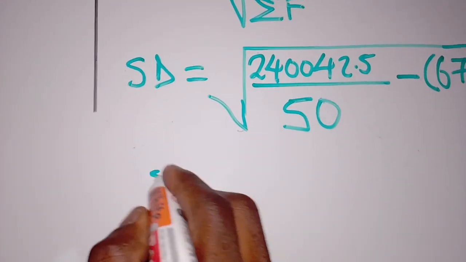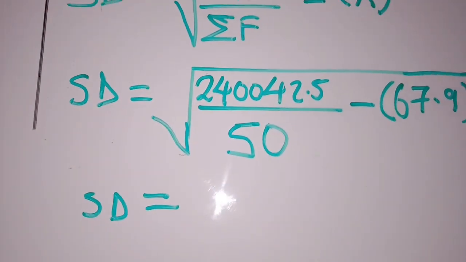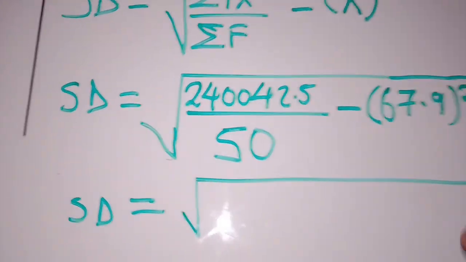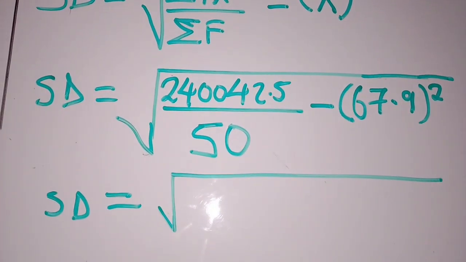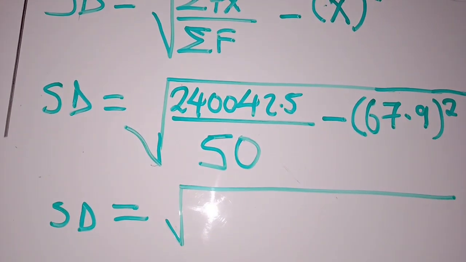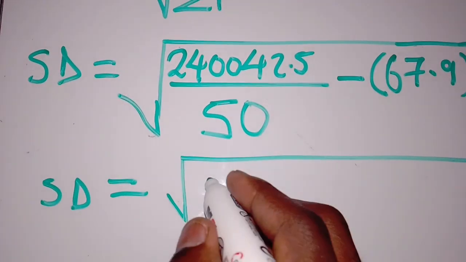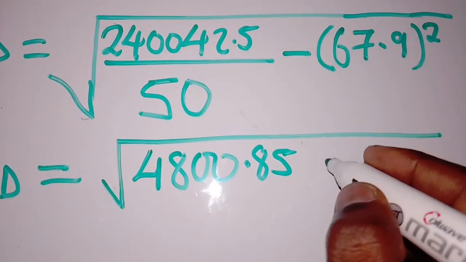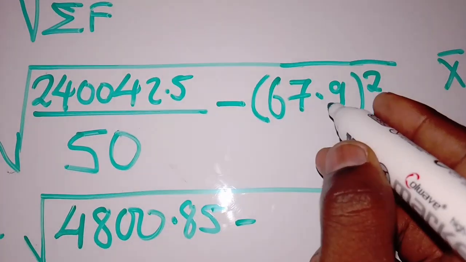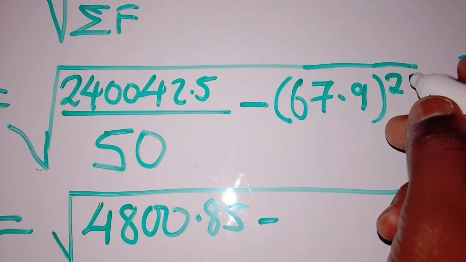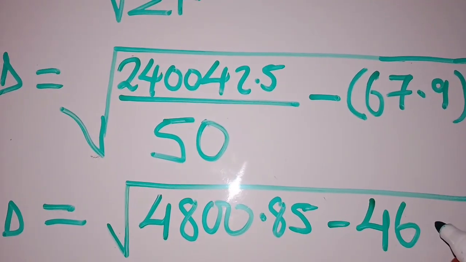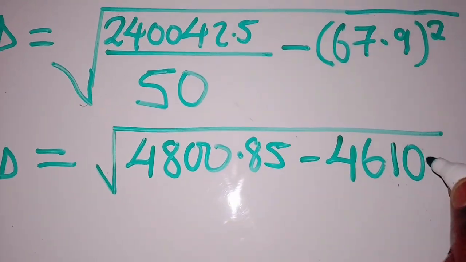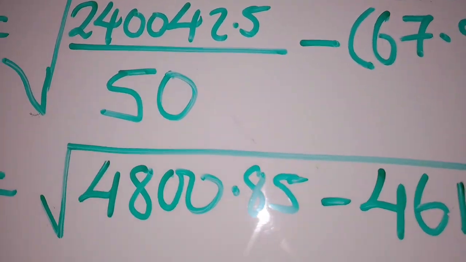So standard deviation will be equal to, and here you need to divide 240042.5 by 50. So we get 4,800.85 minus, and we square 67.9 squared, we get 4,610.41.